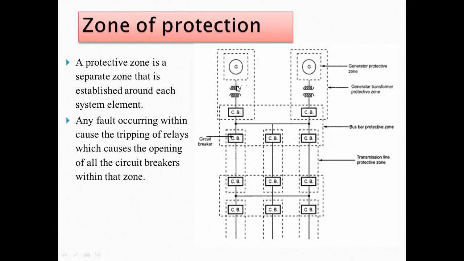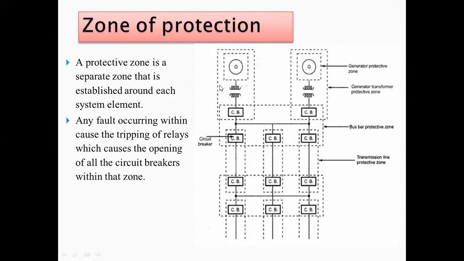It may damage both the transformer and generator. Therefore we are not keeping a part which is not protected. That's why there will be overlapping. If there is no overlap, there will be a dead zone, and that dead zone may cause a fault, and it may damage the equipment also. That's why the overlapping of the zones is there.